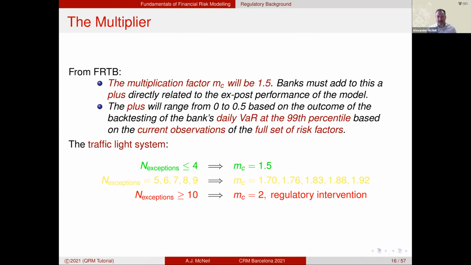And if you're looking at the 99% VaR, there's a 1% chance on any trading day you have an exception. And so in a year of 250 trading days, the expected number of exceptions for a good risk model is 1% times 250 or 2.5. So 2.5 might be expected and 10 would be quite a lot.